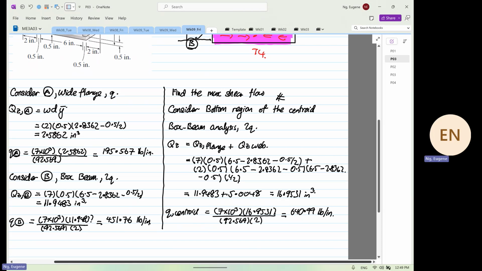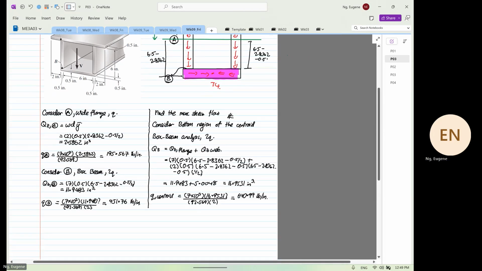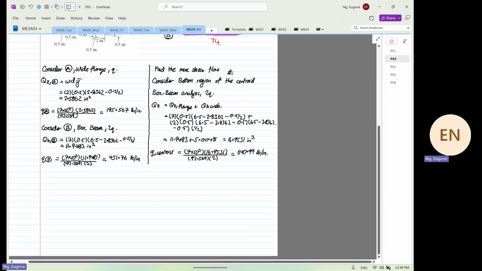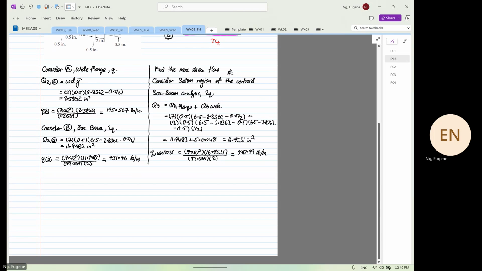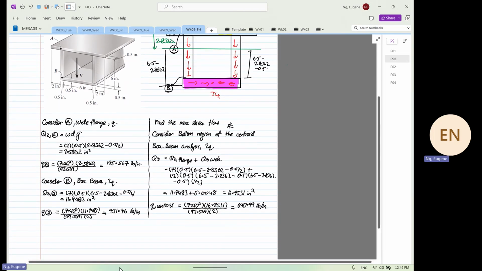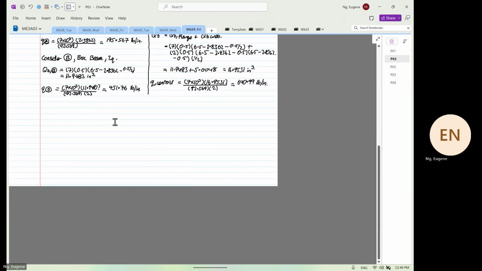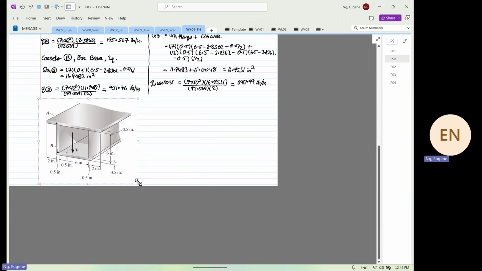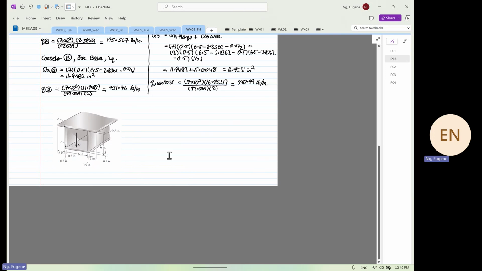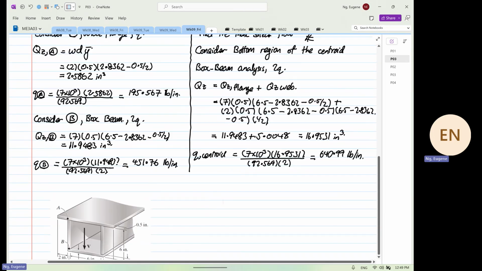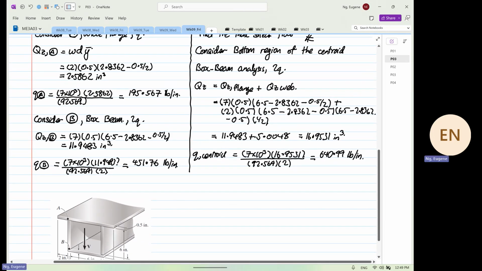Now, if we do it from the top, let me copy this diagram. If we were to do it from the top, I'm just going to calculate the first moment of area.